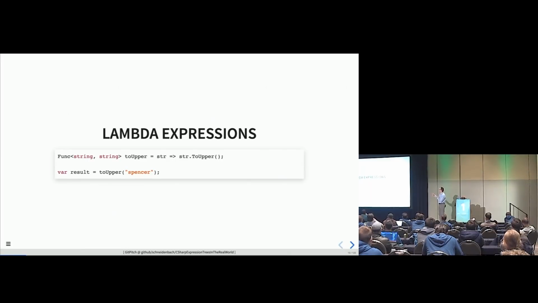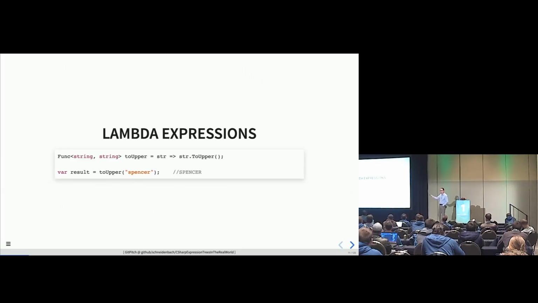Our toUpper function is just going to take in that string and call its ToUpper function. And so what happens when I call that function right inline, because you can do that if you've never done this before, it's cool. What would I reasonably expect to get as a result? I'd probably expect to get my name capitalized, Spencer, going from lowercase to uppercase.